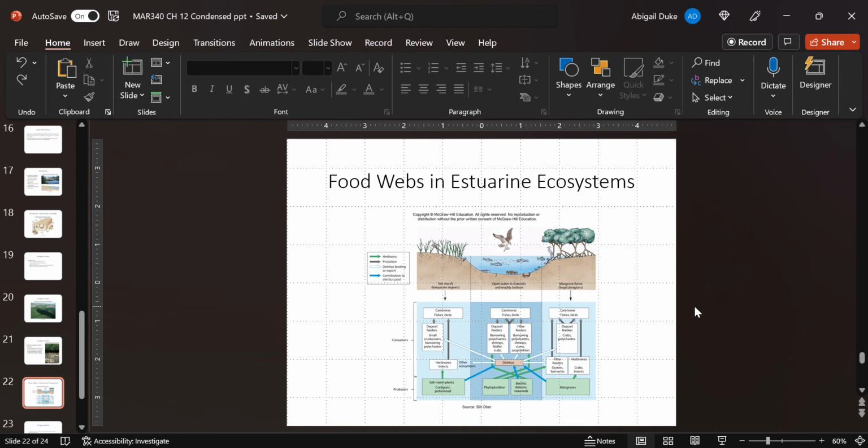The gray ones are predation. The blue outline is detritus feeding or export, and the blue one is contribution to the detritus pool. As you can see, detritus is being consumed by a lot of things, and detritus, again, is just the waste-ish. The things contributing to detritus are at the bottom.